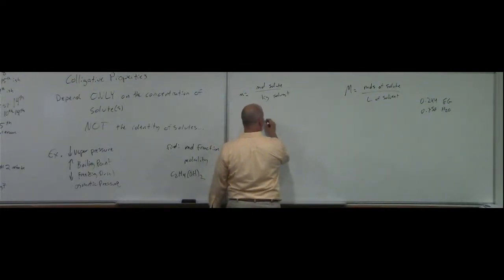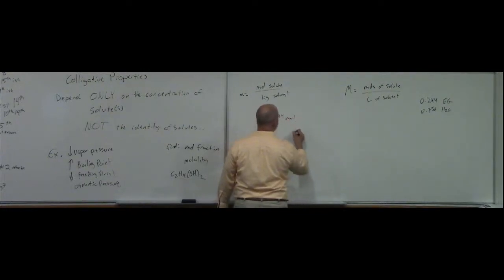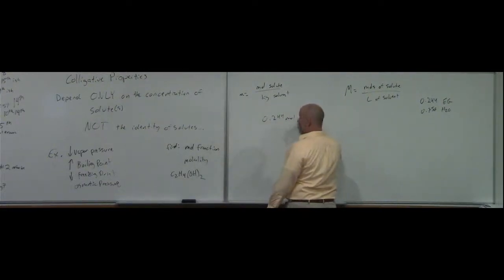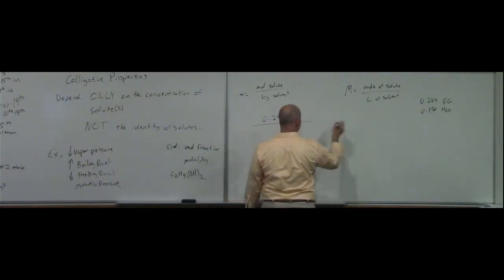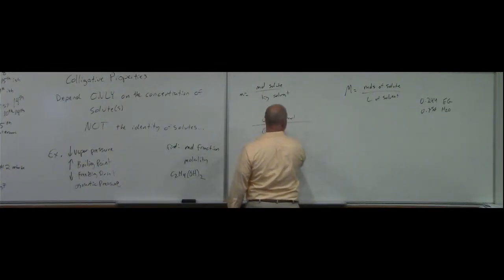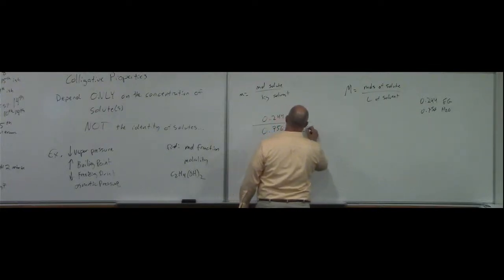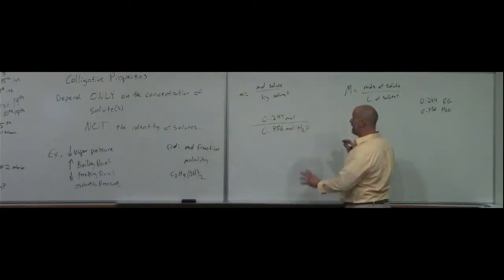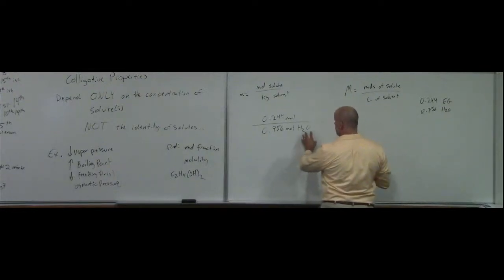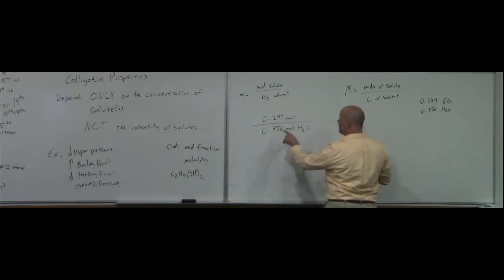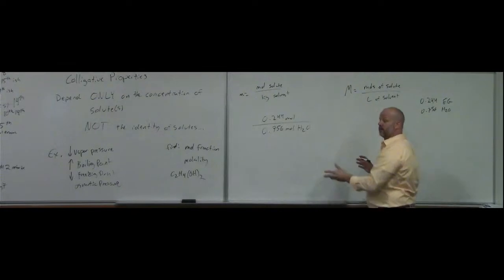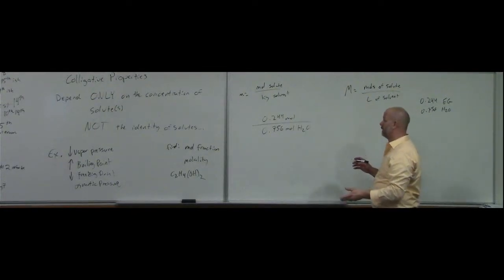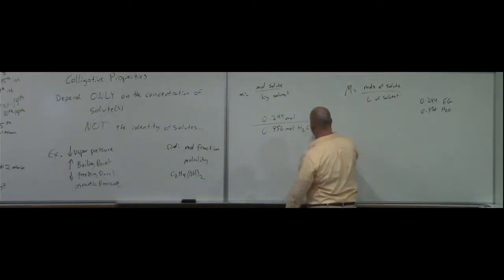I've got 0.244 moles of ethylene glycol over 0.756 moles of water. That's the start to me getting my molality. From here, what do you see that I need to do? Get the moles of water to go to kilograms.